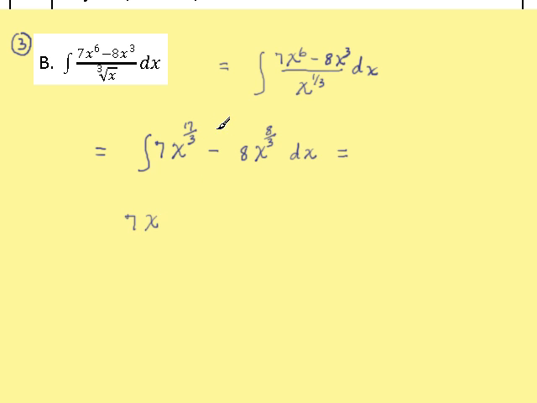So here 17 over 3 plus 1, that's 17 over 3 plus 3 over 3 is 20 over 3. And divide by 20 over 3, or multiply by 3 over 20. And here we have 8 over 3 plus 3 over 3, that's 11 over 3, times 3 over 11.